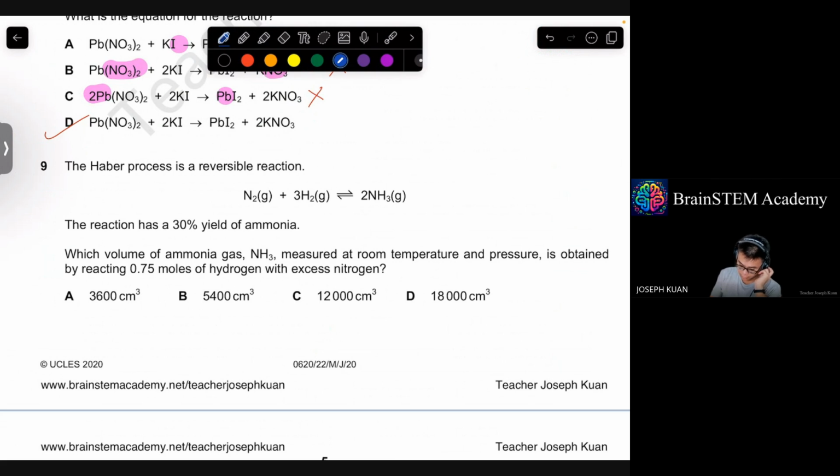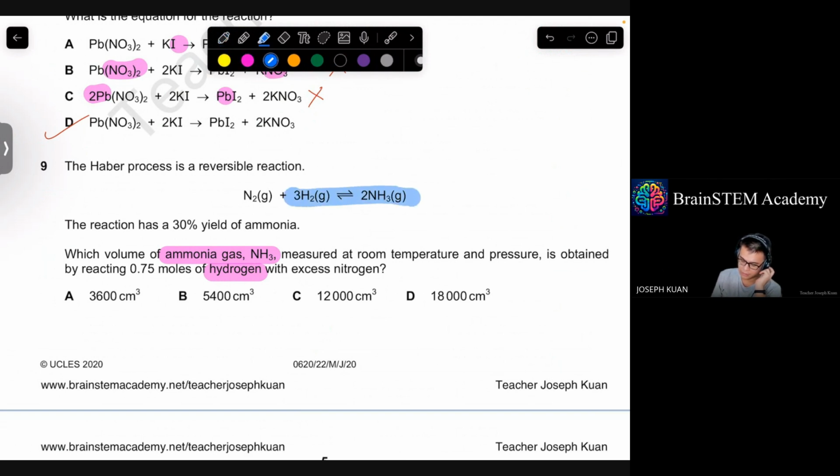Now, we see what's the point of the production. It's focusing only on ammonia and hydrogen. Nitrogen is in excess. It's not the limiting factor. So you can just forget about it for now and focus only on ammonia and hydrogen.